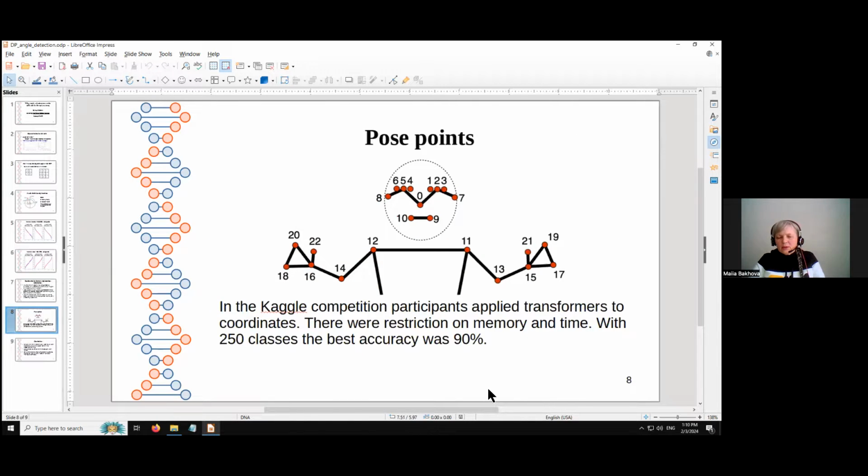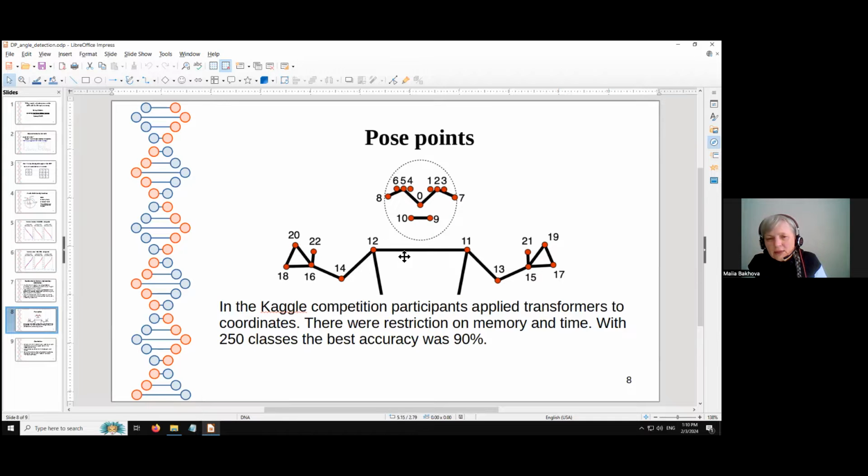Going back to the Kaggle competition, which I considered, they have pose and pose points. And the problem with the pose is that you actually need to cut it off, because one of the most crucial gestures is pointing to the chin, mouth, nose, eyes, and ears.